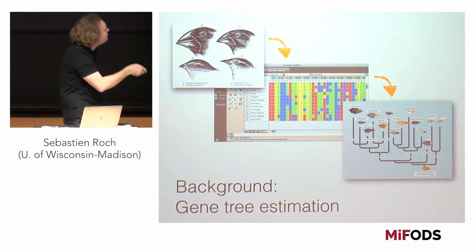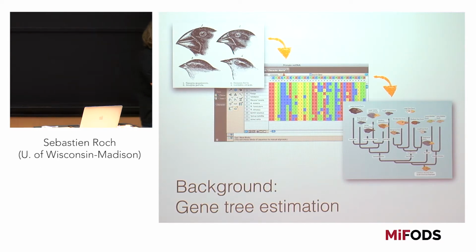And then from this, you're trying to reconstruct this evolutionary tree here, where the root of the tree is the common ancestor of all these species. Each branching corresponds to a speciation event, with some new species being created. Think of a bunch of birds moving to a different island, and starting to reproduce independently. And then at the tips of this tree, you have your current species.